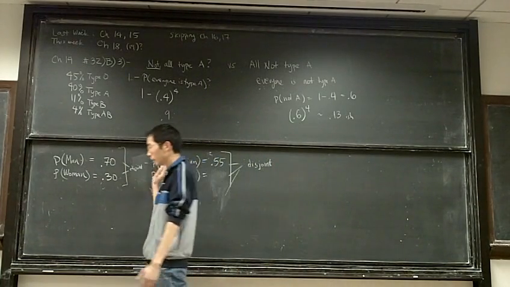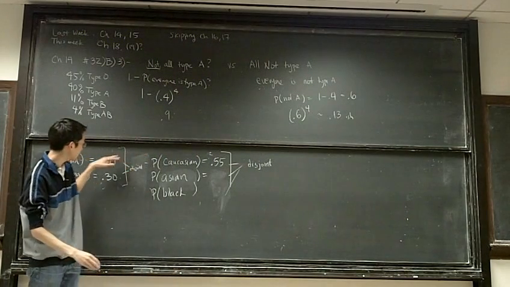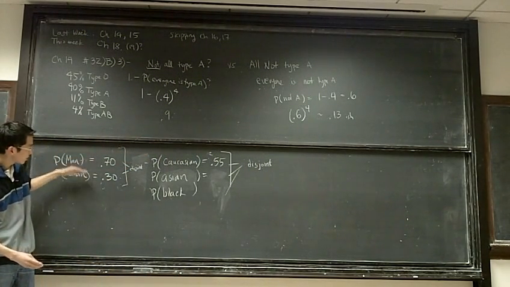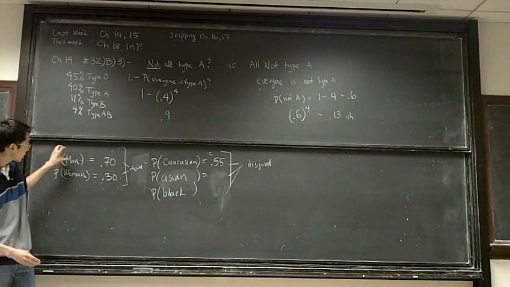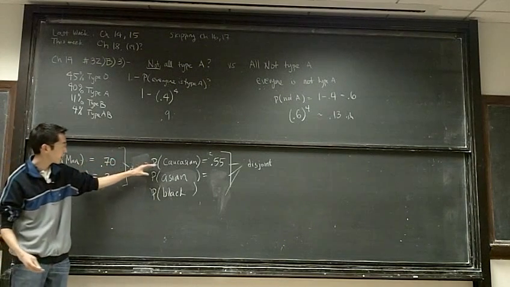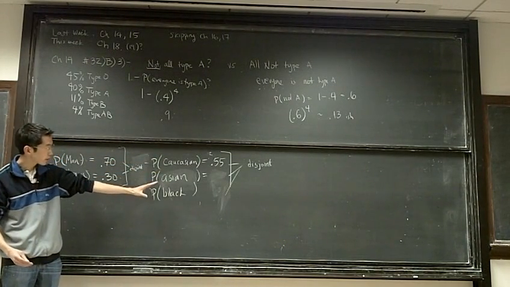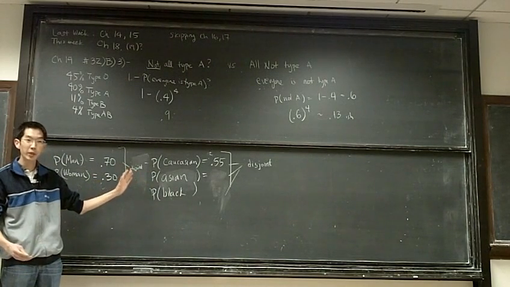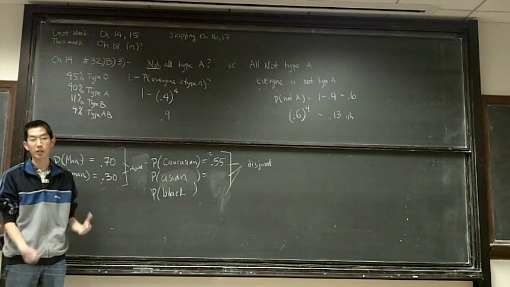Within one thing, these are disjoint. You can't be this and this at the same time. However, the event of being male or a man and being either Caucasian or Asian or whatever could be independent. It might not be independent.